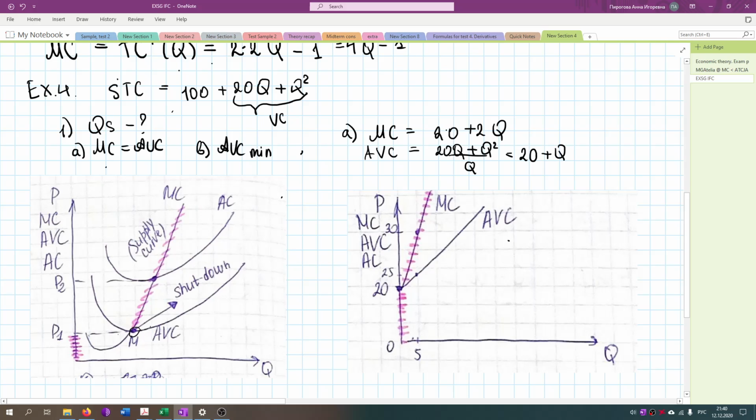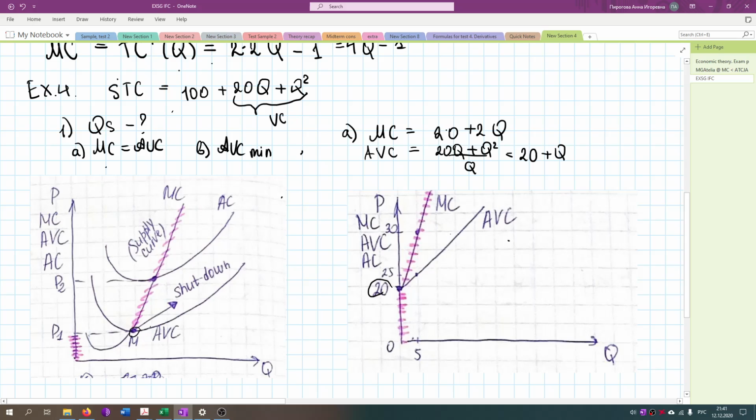So as you remember from the previous picture, our supply curve will start from 0, go to the price, where we have the minimum of our average variable cost, and in our case this point, 20, is the minimum of average variable cost, and then our supply curve will continue along the line of marginal cost.